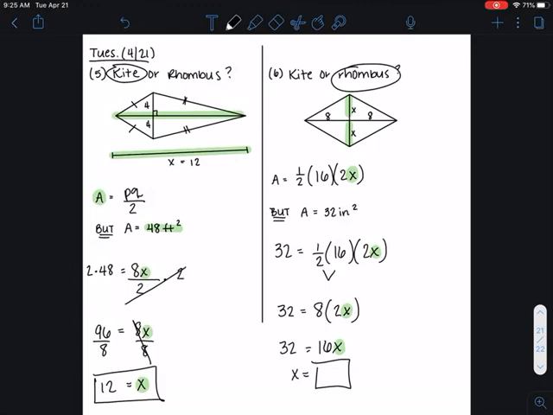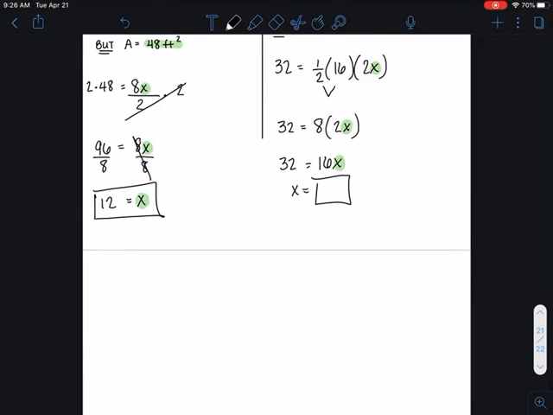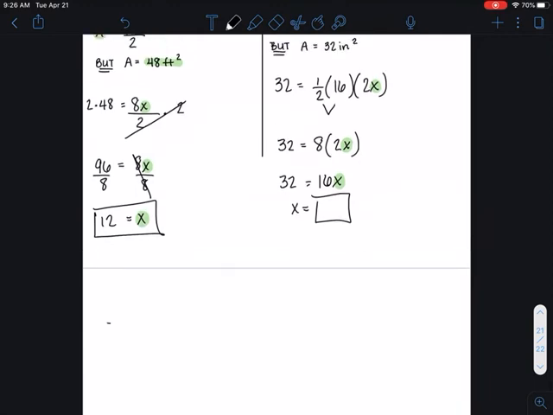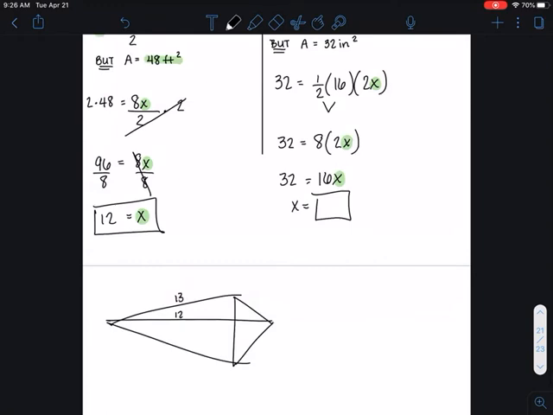The second page is similar to this. Let's see. What I would do for number 7, when they give you the kite, because you know it's a kite, it has different lengths. I'm going to draw this really quickly, so it's going to be bad, but it's okay. They give you 12, 13.